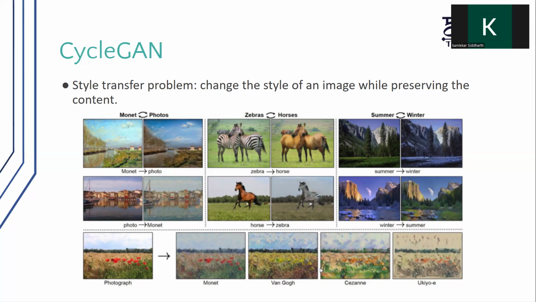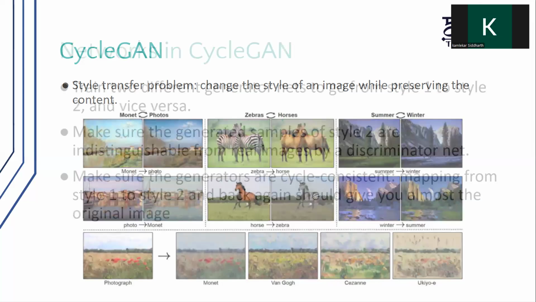Then we reverse this process from the reconstructed image to the original image using a generator. Then we calculate the mean square error loss between the real and reconstructed image. The most important feature of CycleGAN is that it can do image translation on unpaired images, where no relation exists between the input image and output image.